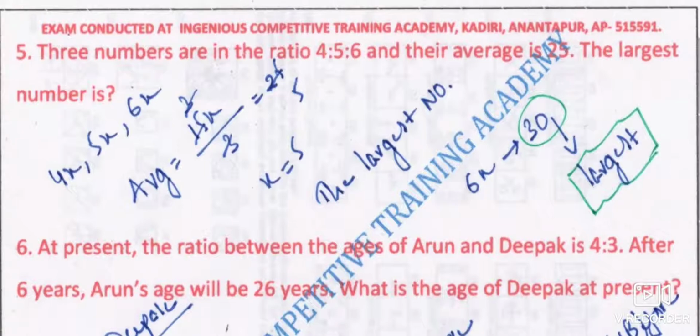The average given is 25, so x is 5. The largest number is 6x, that is 6 into 5, which is 30. If they ask for the smallest, 4 into x, that is 4 into 5, 20 is the smallest number.